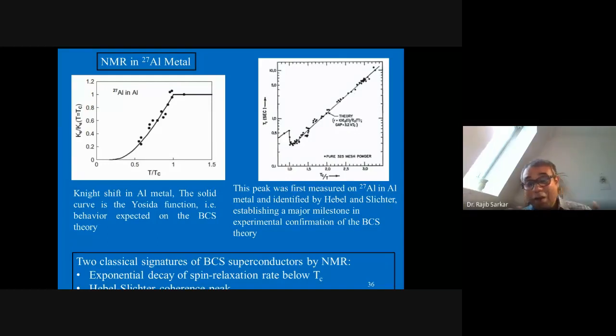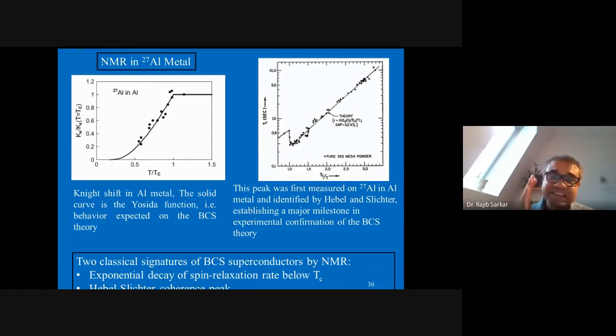So if you give me a superconductor and you want to understand microscopically whether it is a BCS superconductor or not, I will measure NMR and tell you whether these classical signatures are present, and then I can tell you it is a BCS superconductor. If you go beyond that, then I will say there might be some kind of unusual gap symmetry present in this particular system.